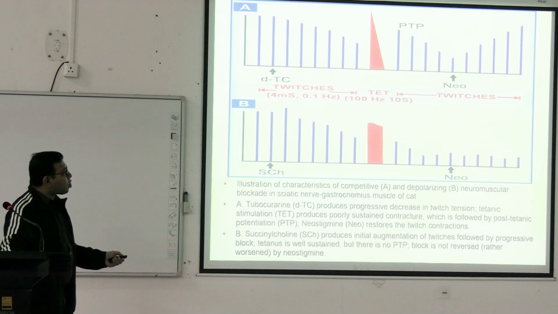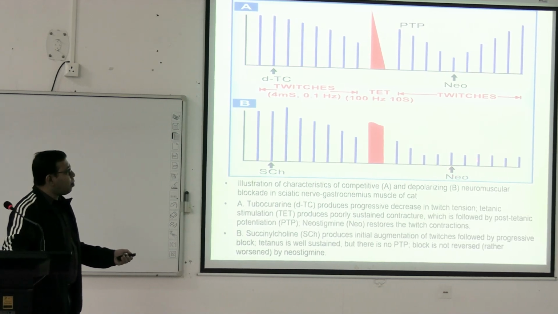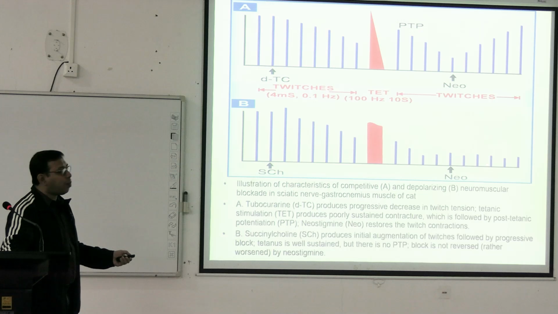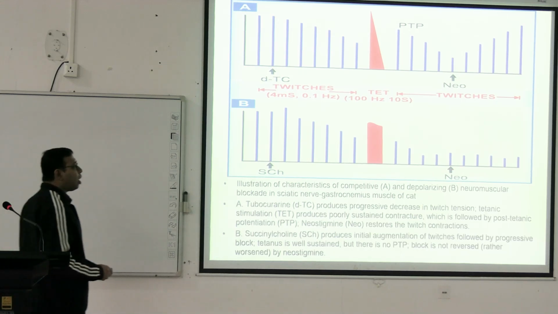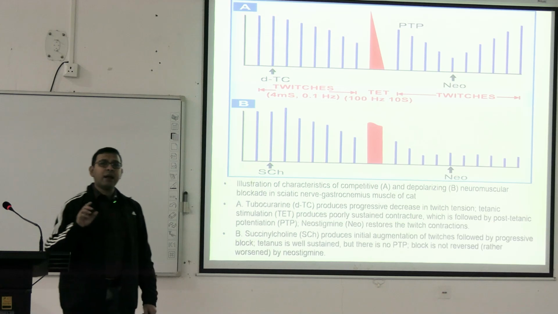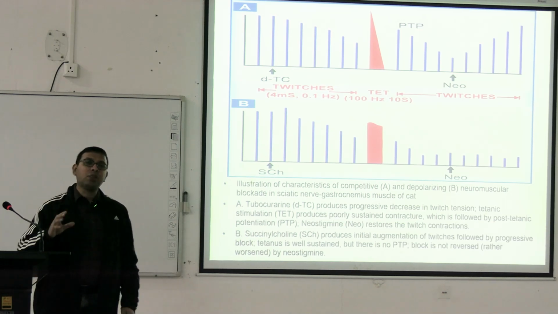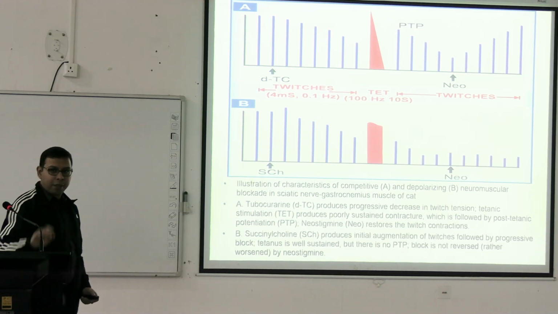The block is not reversed when neostigmine is given. In fact, in some cases there may be a decrease of muscle contraction. So neostigmine cannot reverse the muscle relaxation of succinylcholine. It can only reverse partially if a phase 2 block by succinylcholine happens.